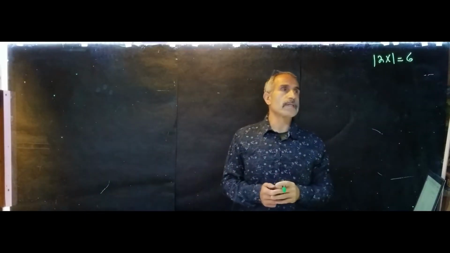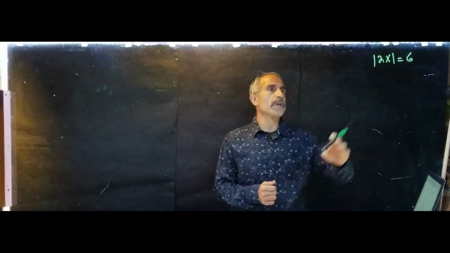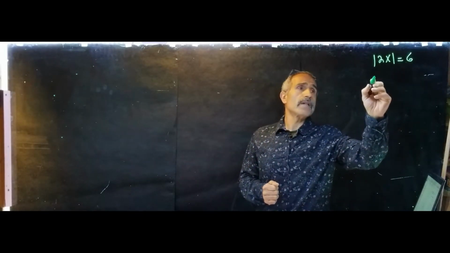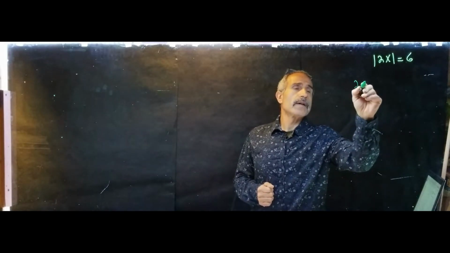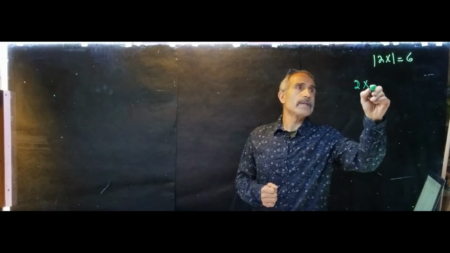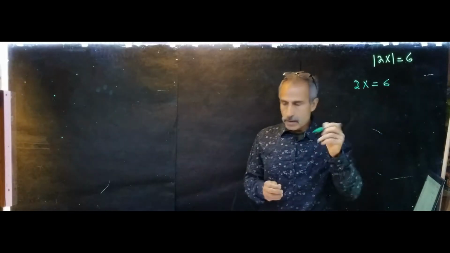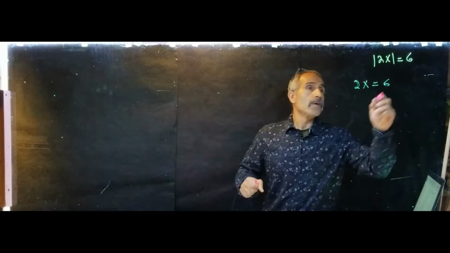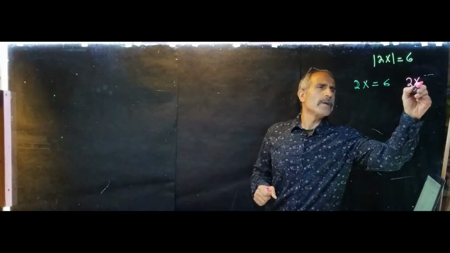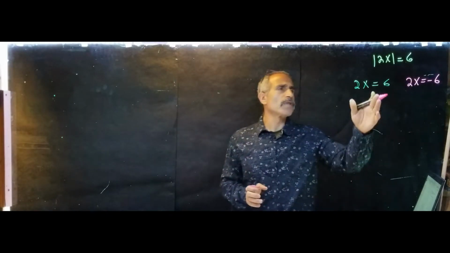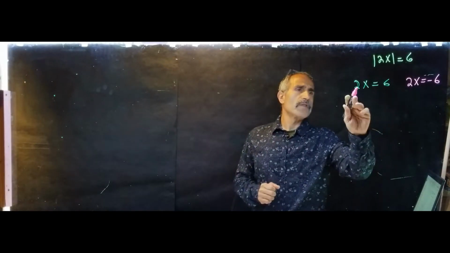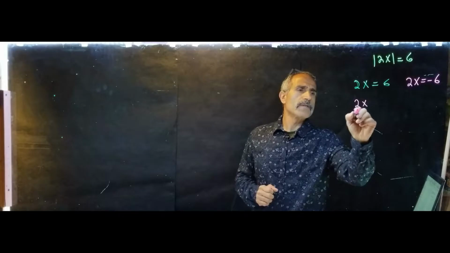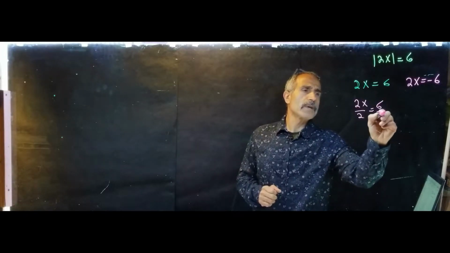Let's go do this second problem on absolute value. We have this problem. It says the absolute value of 2x is equal to 6. So that's the same as saying 2x is equal to 6, or 2x is equal to negative 6. So now we have two different equations we want to solve. Divide both sides by 2 and it becomes 2x divided by 2 equals 6 divided by 2.